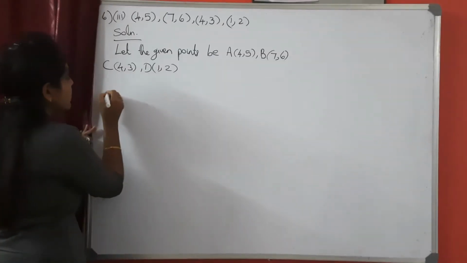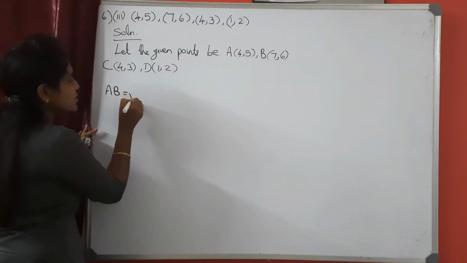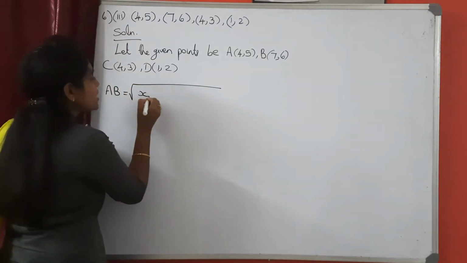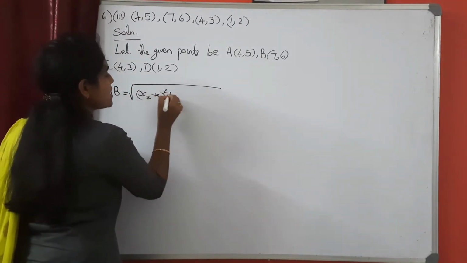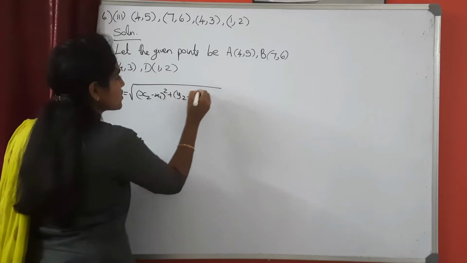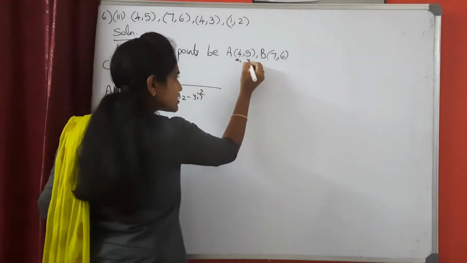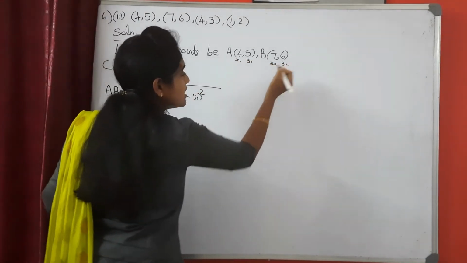So first we need to find AB using the distance formula. What is the distance formula? Root of x2 minus x1 the whole square plus y2 minus y1 the whole square. This is x1, this is y1, and this is x2, and this is y2.